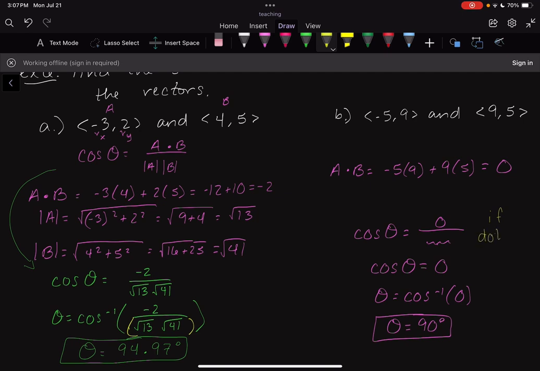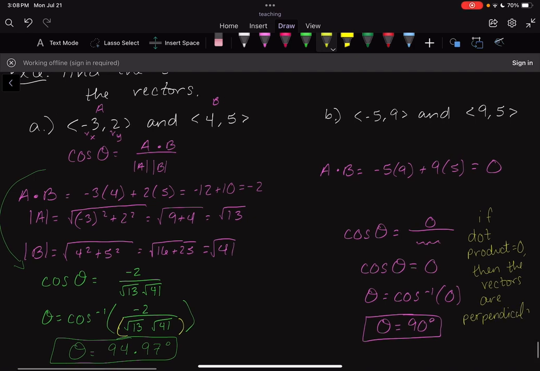If the dot product equals 0, then the vectors are perpendicular. So the smallest angle between them is 90 degrees. That means that they're perpendicular.